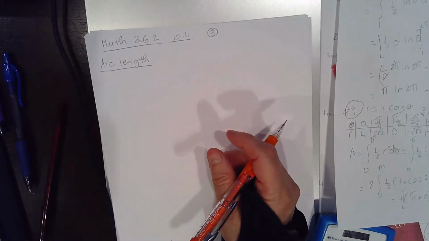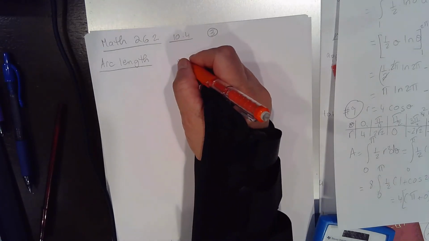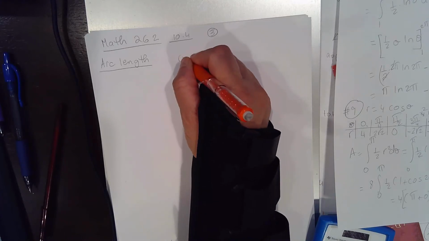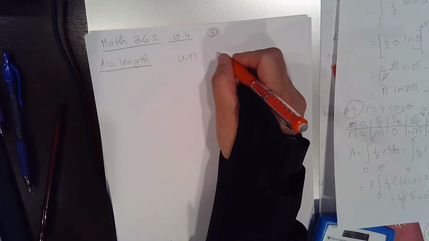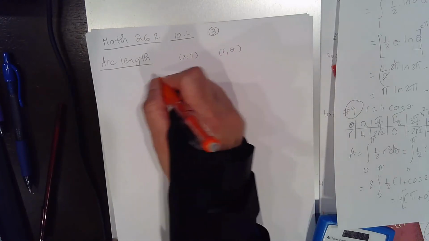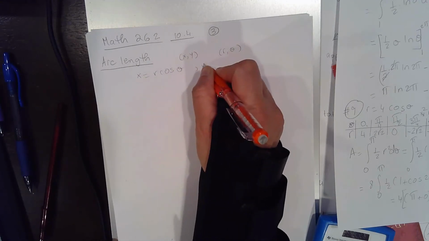Okay, so now we're going to start with arc length. And now if we remember from 10.3, we use the equations to go from polar to rectangular coordinates. If you recall, from r theta to x, y, we used the following equations: x is equal to r cosine theta, y is equal to r sine theta.